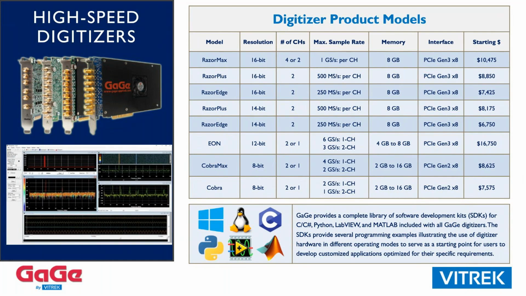All of our digitizers come included with our GageScope Lite Edition PC oscilloscope software, and that package does not require any programming. It's a GUI-based application that customers can utilize with the products to visually see their acquired data. They also come complete with our full library of software development kits that include C, C#, Python, LabVIEW, and MATLAB.